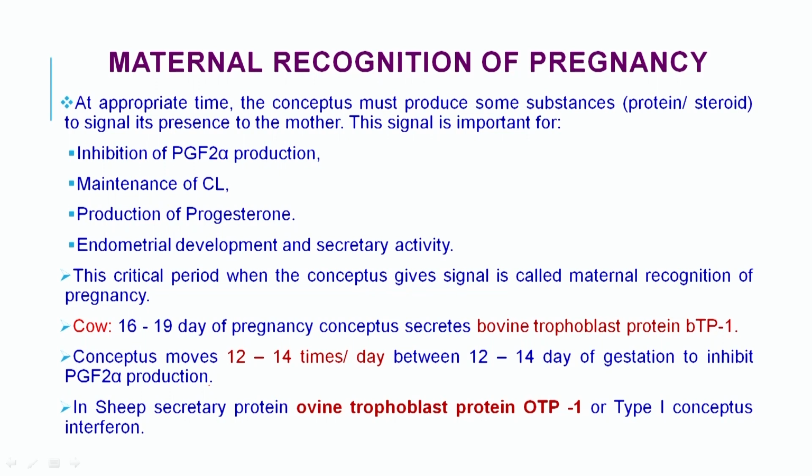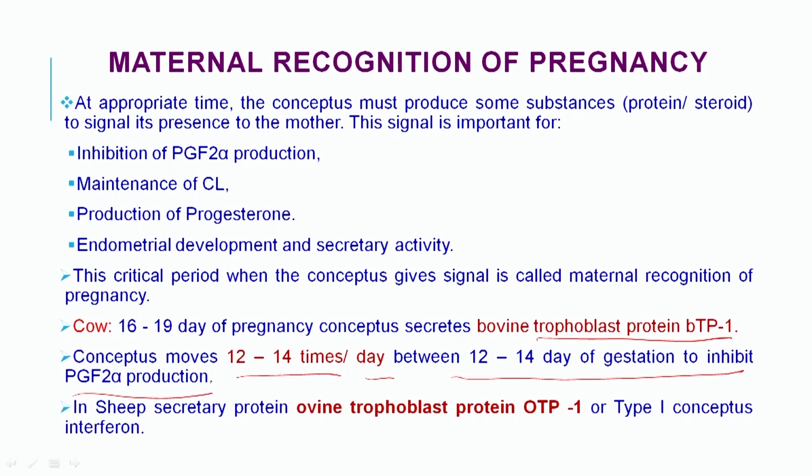This is a critical period when the conceptus gives the signals, called maternal recognition of pregnancy. In the cow, around 16 to 19 days of pregnancy, the conceptus secretes bovine trophoblast protein 1, and the conceptus moves 12 to 14 times per day between 12 to 14 days of gastrulation to limit PGF2 alpha production from the uterus.